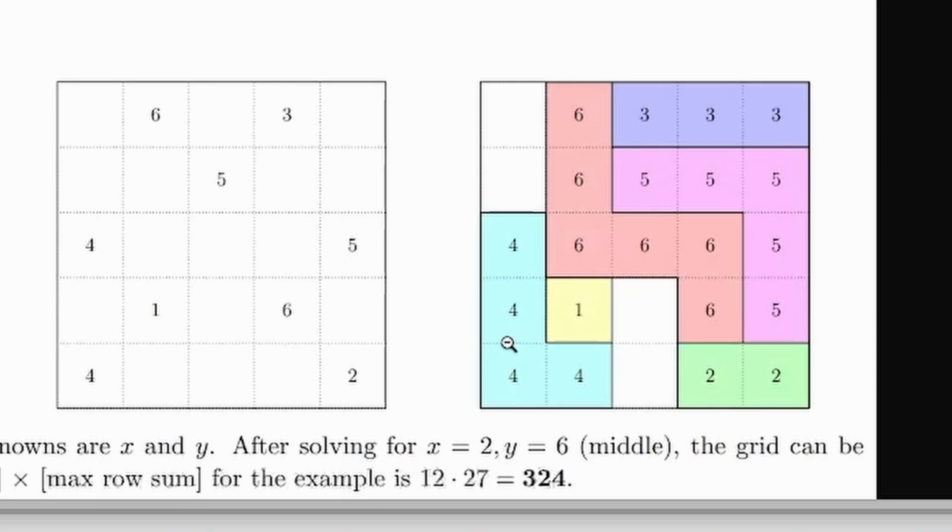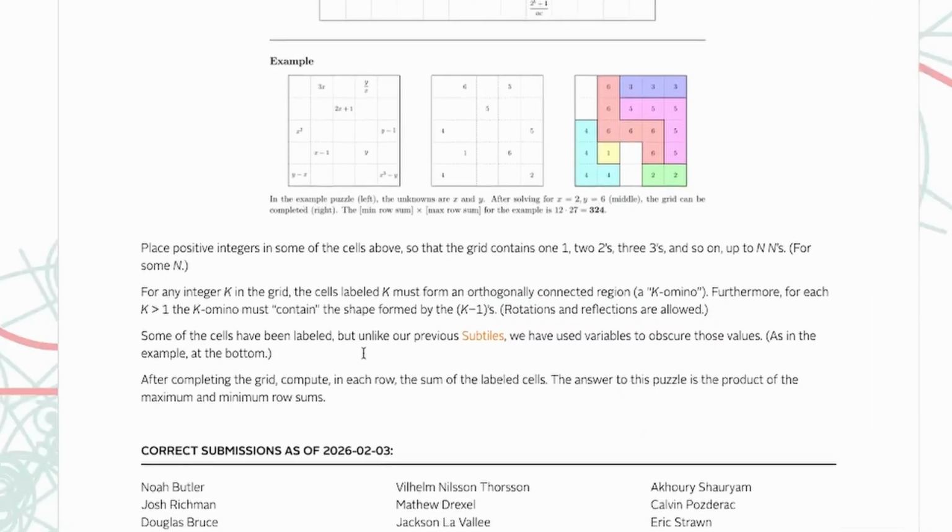And then for the 4-omino, we can see that we have a region of length 3 because the 3-omino is a straight region of length 3. We're reflecting and then rotating the 4-omino so it fits in this region. Oh, that's tricky. Alright, let's keep reading.